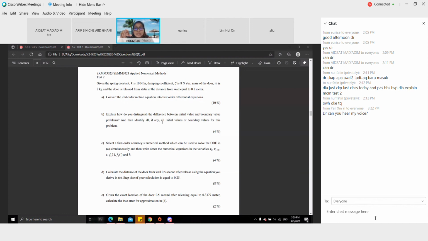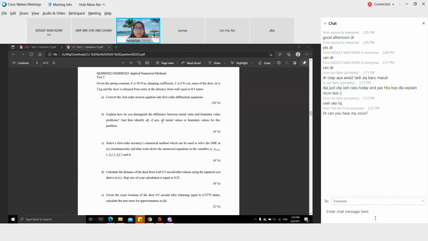So from the boundary value problem, when we reduce to first order, it's actually using initial value. Still remember just now, I mentioned to you when you want to use the undershooting method, you need to solve using first order accuracy. So when you solve first order accuracy, it's actually the initial value problem. Okay, you never use a boundary value problem to solve. You cannot solve using boundary value problem.